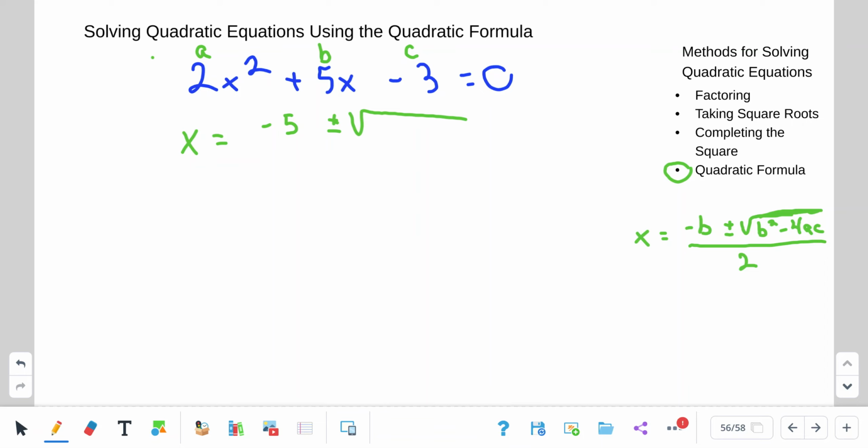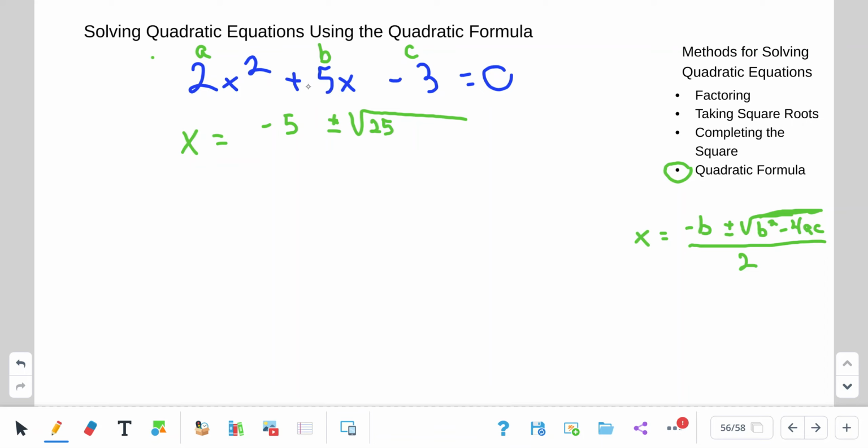Okay, underneath the square root sign, we've got b squared. That's, in this case, 25. And I recommend that you just go ahead and square 25 and write that answer down. The reason is, if b happened to be a negative number, you know you're supposed to get a positive number when you square a positive or a negative number. But sometimes people put this in a calculator.